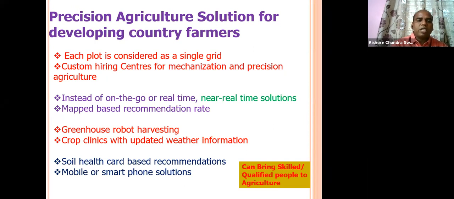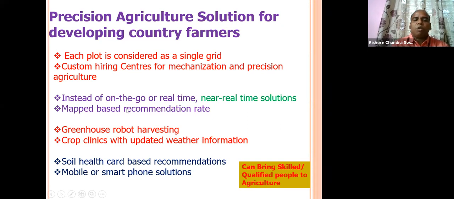So there we can go for precision agriculture to see whether those areas are exactly suitable for those crops or not. Then we have custom hiring centers for machineries and precision agriculture equipment, which enable small farmers to hire the machineries and use them in their field.